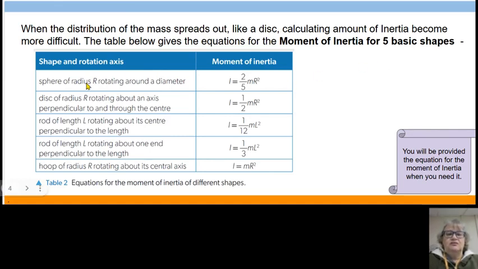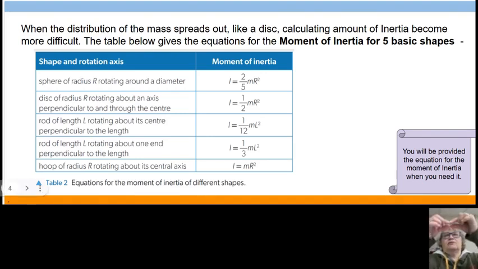There's the sphere, which is basically a ball that's rotating. You can think of it like the Earth. There's the disc, which is like a flat circle, like a small cutout of a cylinder, and that's spinning around.